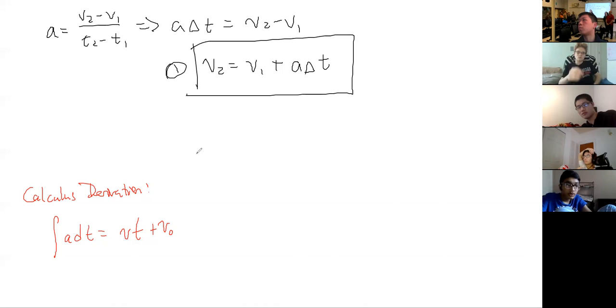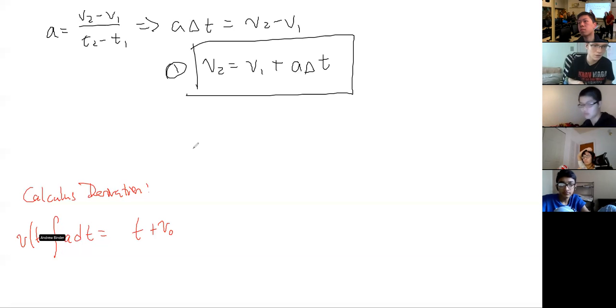Yeah, it should be AT, right, not VT. Oh, sorry, my bad, AT. Thank you. So v of t equals AT plus v naught.